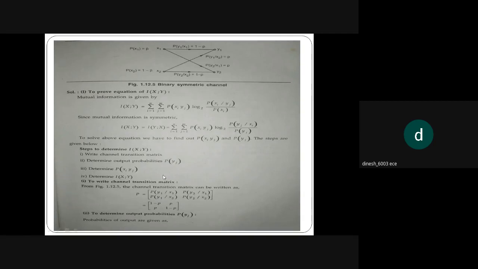So all the columns indicate outputs and all the rows indicate inputs. I repeat it again: all the columns indicate outputs and all the rows indicate inputs. So first input and second input in rows, first output and second output in columns.